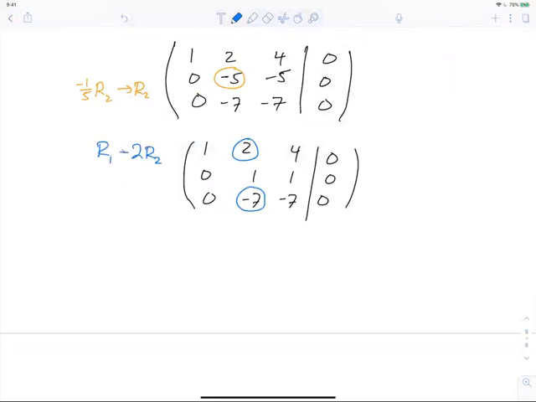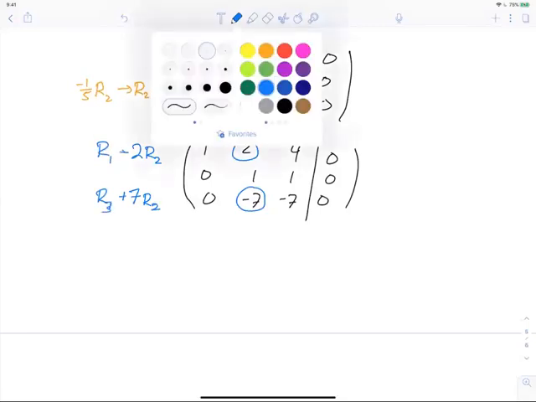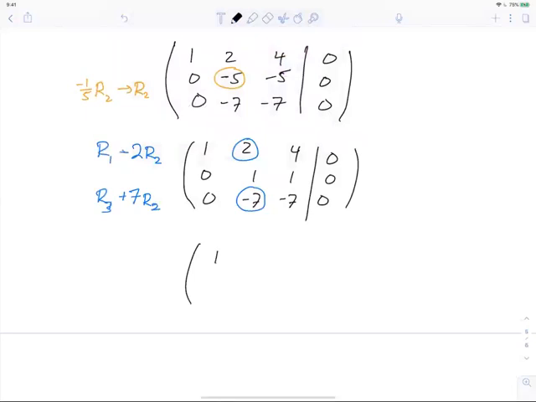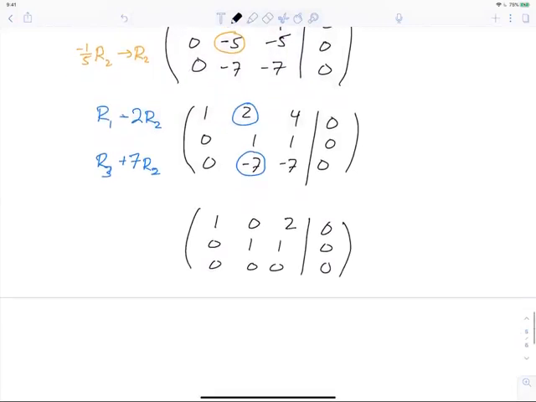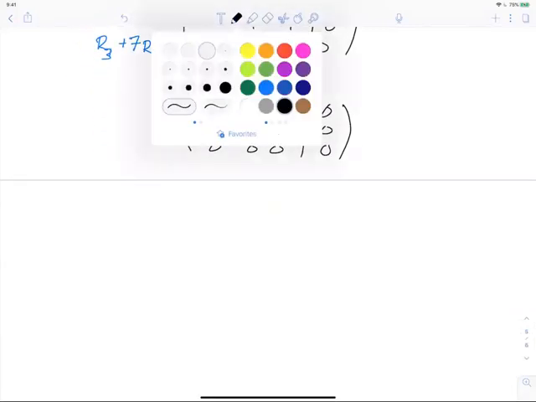So we're going to do R1 minus 2 row 2 and R1 plus 7 row 2, that's row 3. And so what's going to happen here is we're going to end up with 1, 0, 2 and 0, 0, 1, 1. Okay, so now we have this in echelon form.